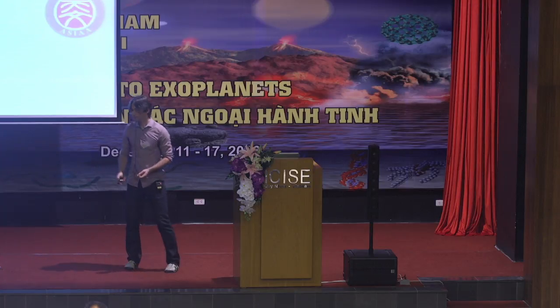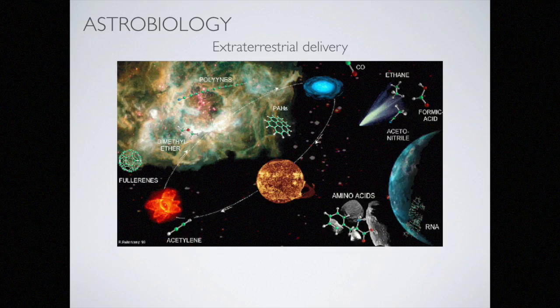All right, so astrobiology. We have to start here with this picture. Many of you have seen this picture before. It kind of encompasses everything that you know is astrobiology. It has stars, it has planets, it has small bodies, and it has molecules, because it's basically the chemistry that takes place during the life cycle of a solar system.